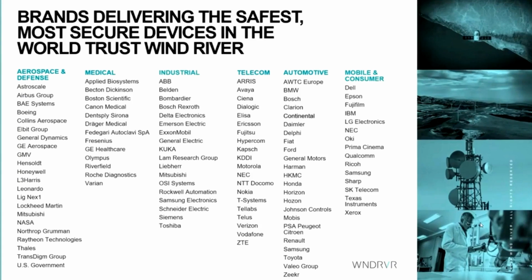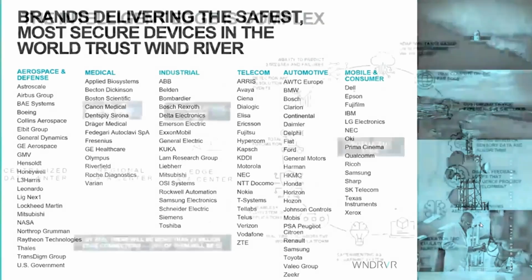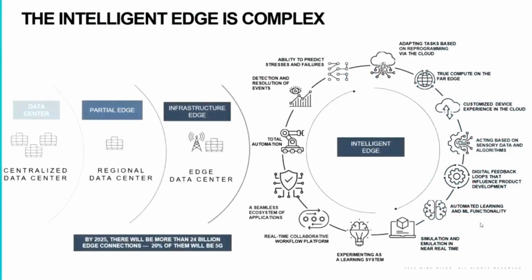If you look at the slides, these are just a handful of leading global brands that trust Wind River to power their intelligent systems that are making a real difference in the world. Companies like Boeing, General Motors, Samsung, Bosch, they all rely on our software to develop, deploy, operate, and service their mission-critical intelligent systems.